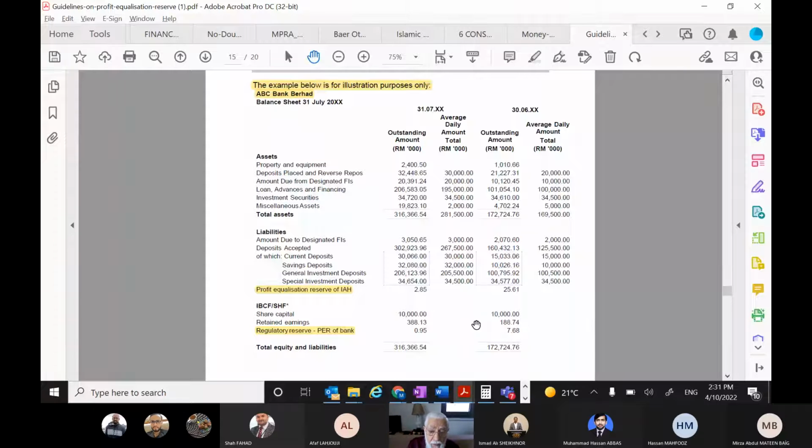Now, if the profit, then according to the regulation in Pakistan, the profit should be credited to the same account, not returned to depositors. And if it says return to depositors, then it is a wrong regulation. It shouldn't be, because the depositors are not the ones from whom it was deducted.